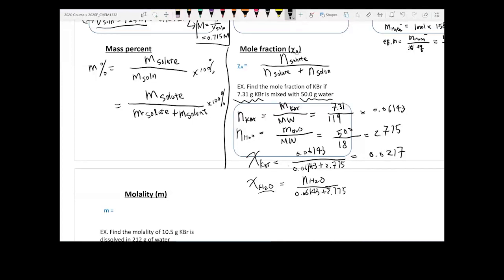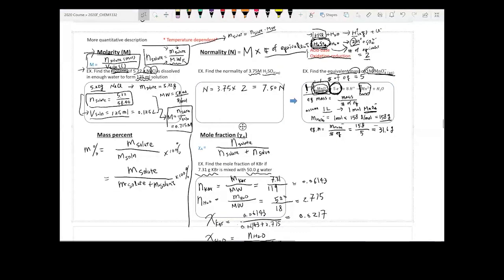So these are the four concentration quantification methods. Overall, you can see on the top is always the number of moles of your solute or mass of your solute. At the bottom is always either the volume of the solution, the mass of the solution, or the number of moles of the solution.